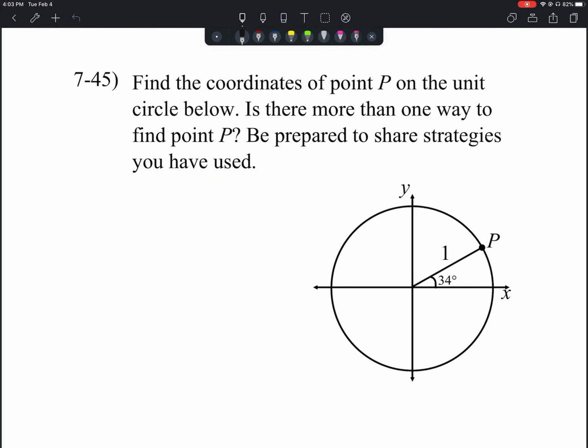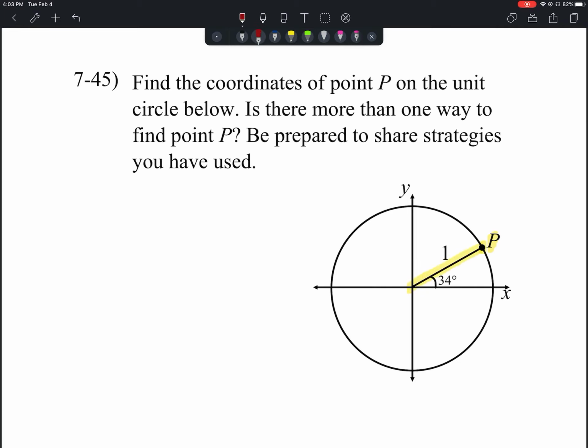So problem 7-45. Find the coordinates of point P on the unit circle below. Is there more than one way to find point P? Be prepared to share strategies you have used. Well, here is our point P here, and this is a unit circle, so you'll see here that this radius length is 1 unit.